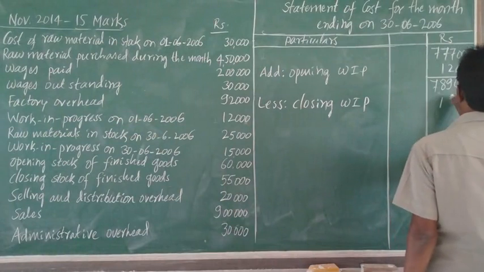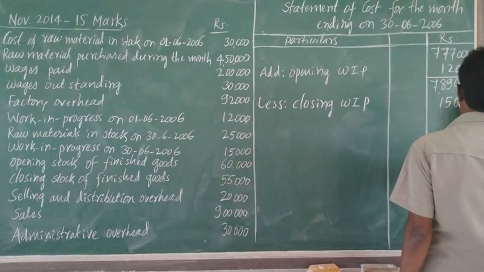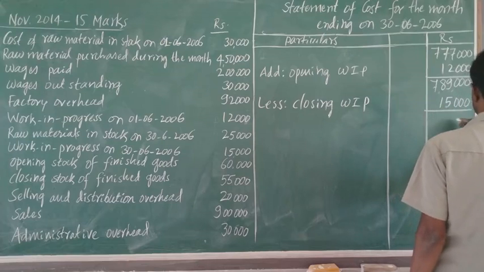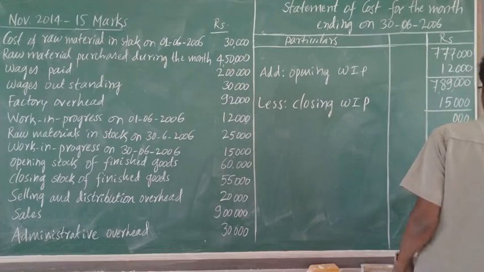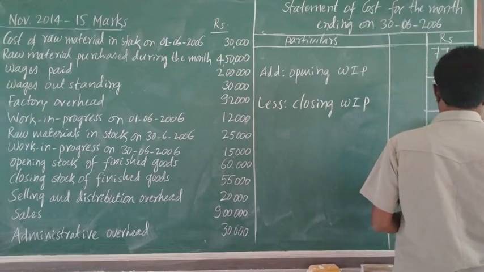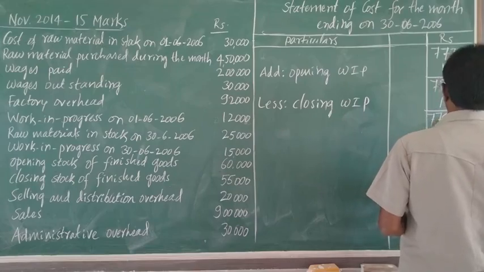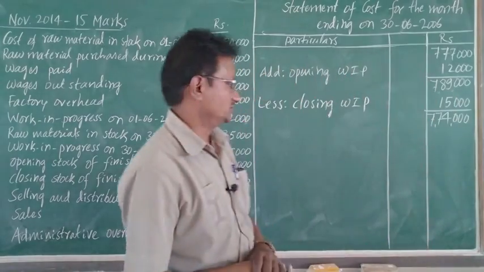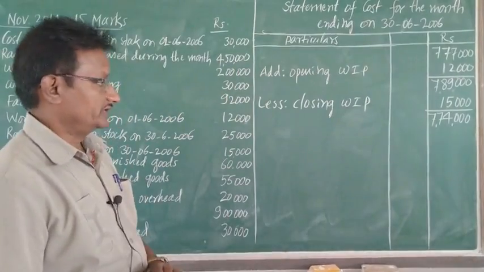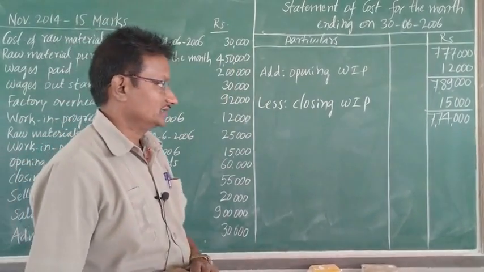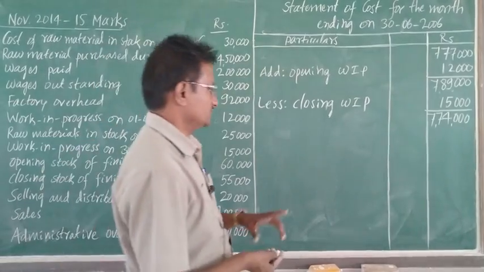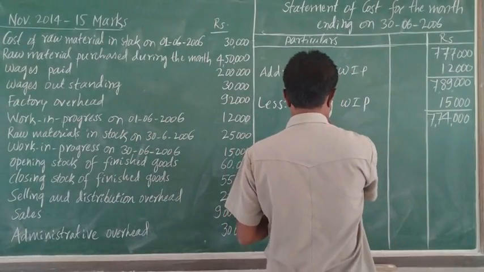So we have to take 15,000 here. After deducting 15,000, the remaining figure is 7,74,000, and this is the works cost.